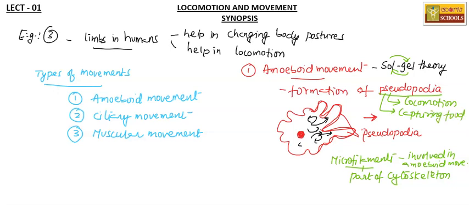When the amoeba comes in contact with its prey, say a bacterium, it extends its pseudopodia in this way.